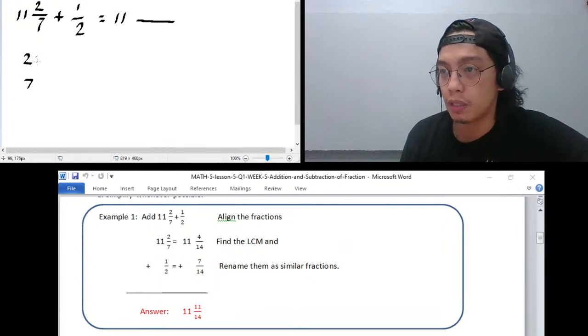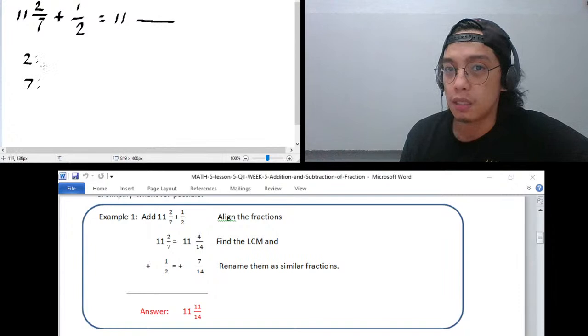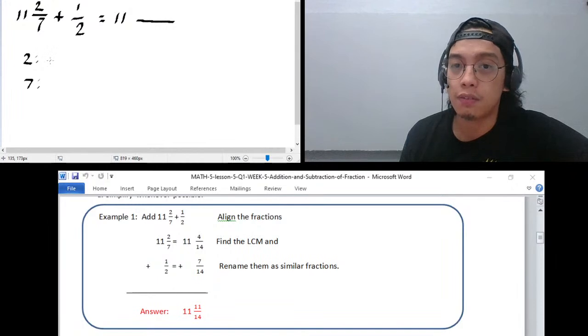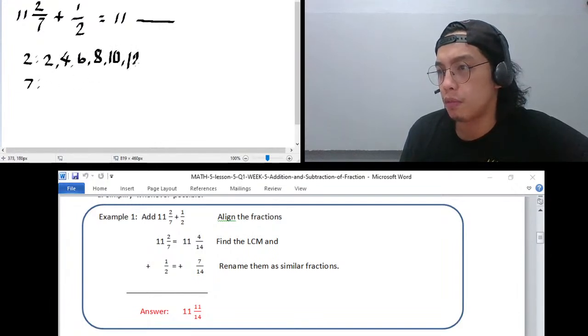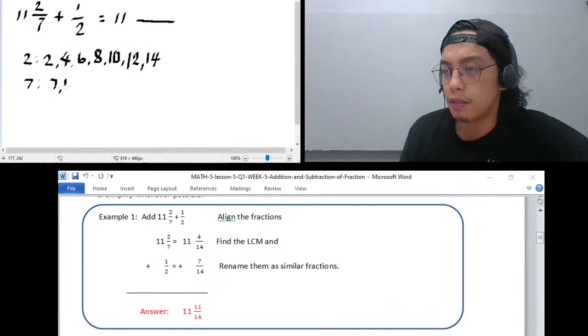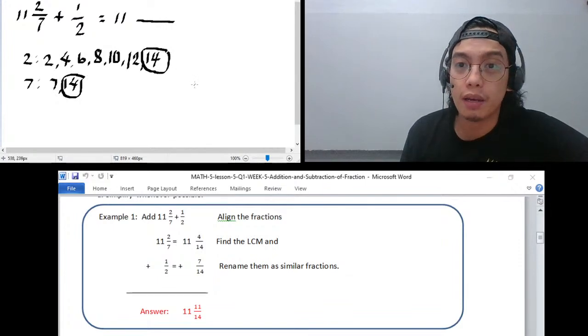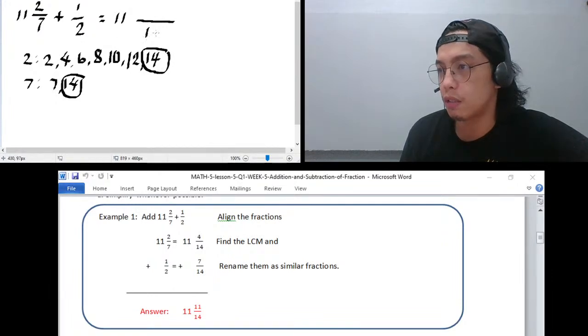We list their multiples, continually adding to itself until we get the same number. So 2, 4, 6, 8, 10, 12, 14. Let's try 7. 7 plus 7, 14. Here you go. We have the same, 14 and 14. So the LCM of 7 and 2 is 14.